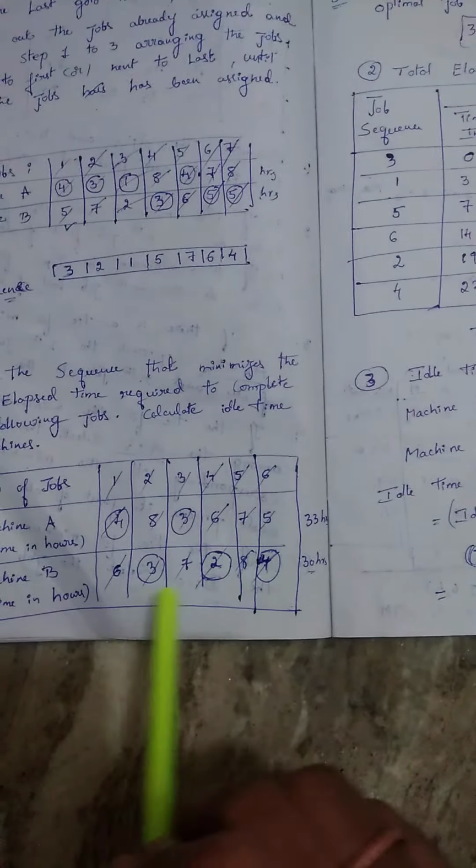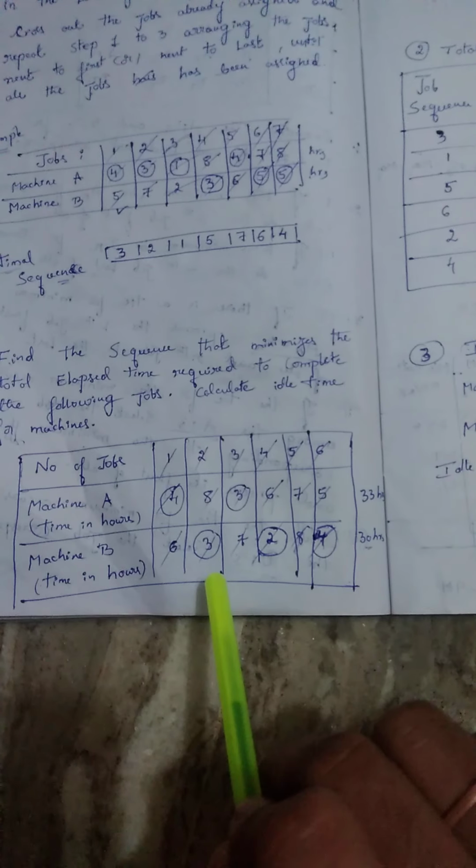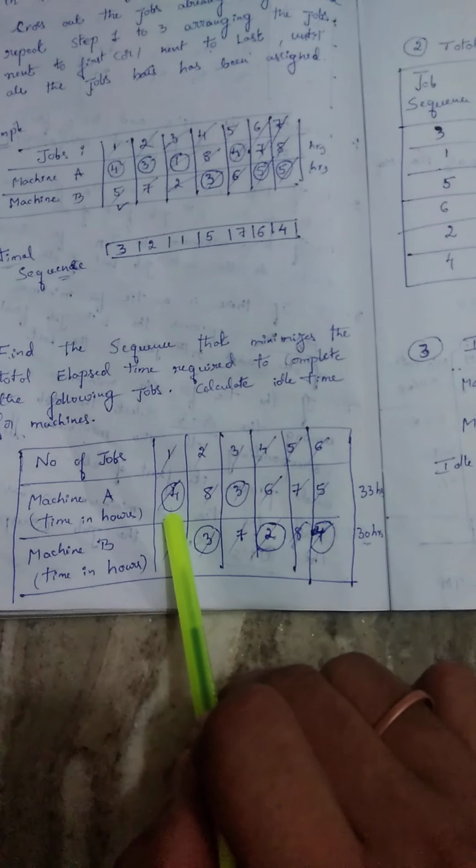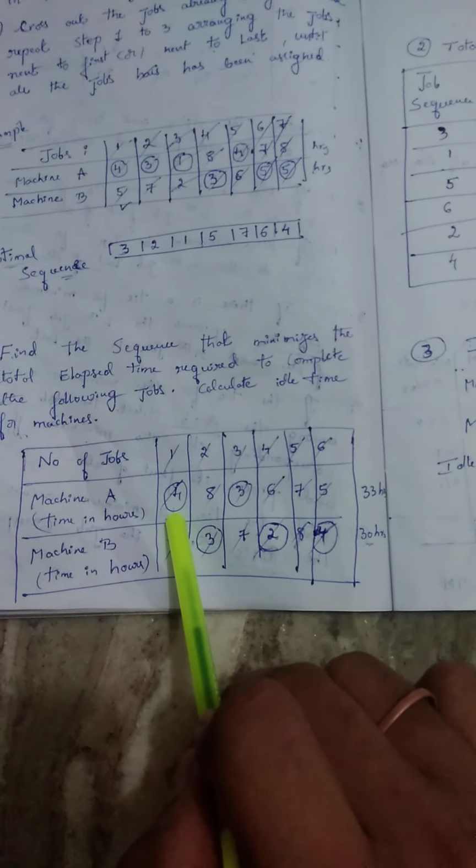Among these, go to the smallest working hours: 4 is the working hours in machine A, and 4 in machine B also.